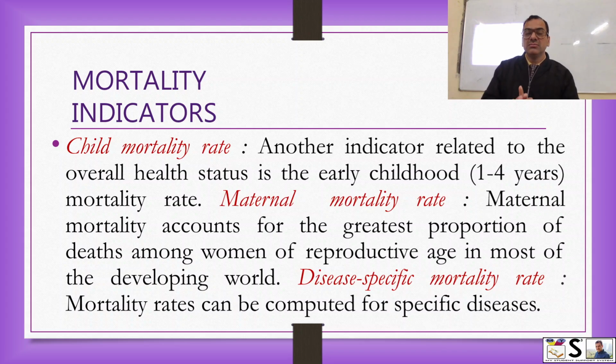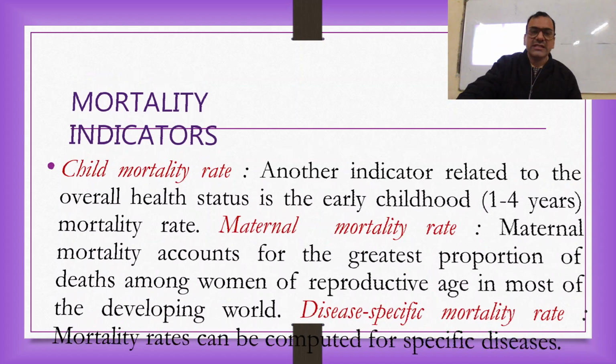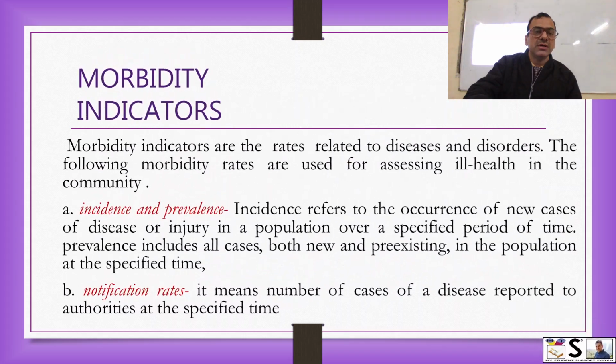Then another type of mortality indicator is the disease specific mortality indicator. What is disease specific? It means when we calculate the death rates due to a particular disease, then it is known as disease specific death rate. What is an example of disease specific death rate?